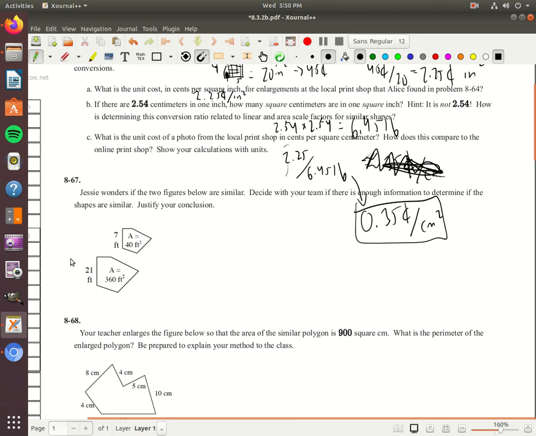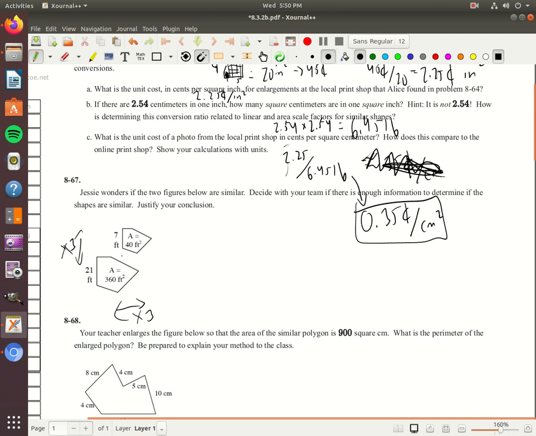Well, what they want you to say is this. Oh, look. It's times 3. So if this is times 3, this area would be 9 times bigger, and 40 times 9 is 360, so yeah, they're similar. But it actually turns out that we don't know that the shapes are the same. Just because this is 3 times bigger and the areas are the same and they look the same, it doesn't mean that they are the same.